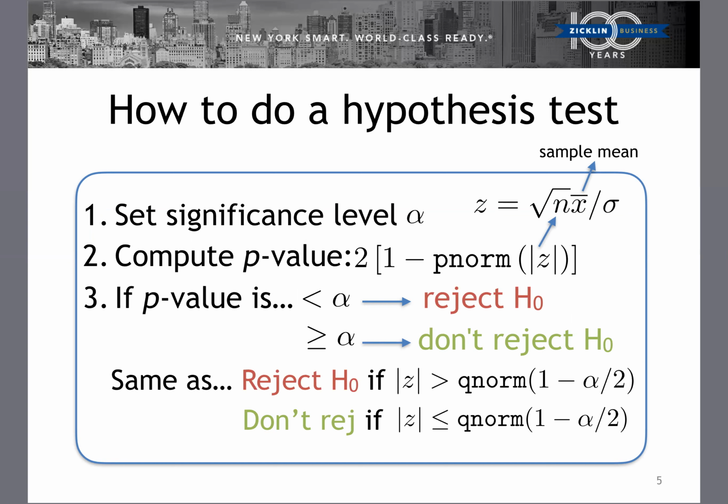The second step is gathering some data and finding the so-called p-value. Here I'm giving you the formula for the p-value in this example. This pnorm is the pnorm function in R that you've seen before. So it's a pnorm of something.